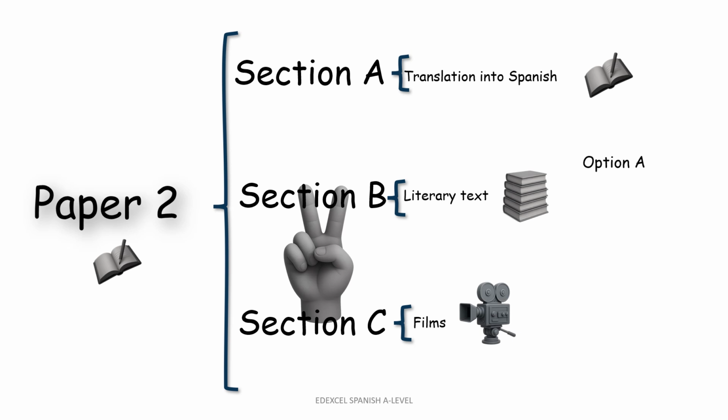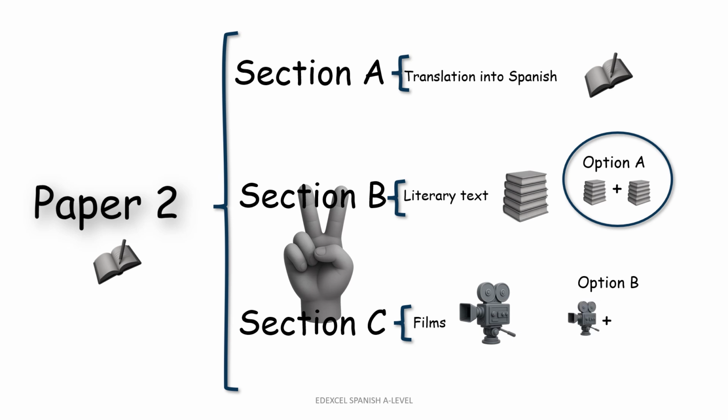Option A, and in this case you answer 2 questions about 2 different books and no movie. Or option B, answer 1 question on a film and 1 question on a book.